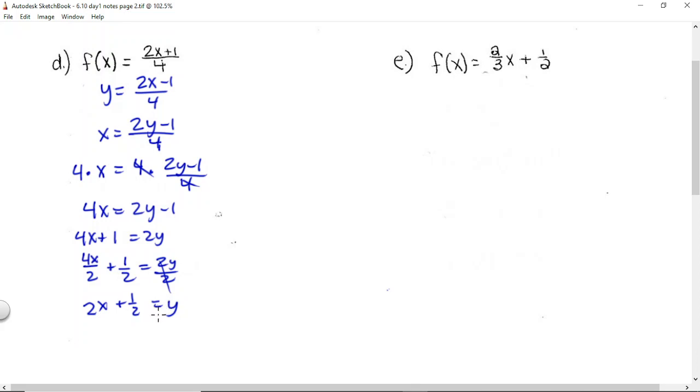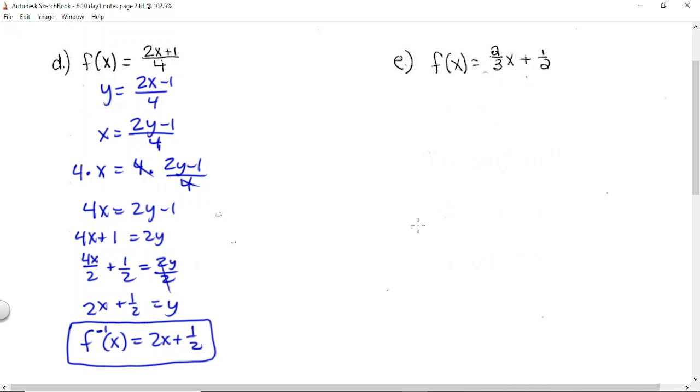Now that's it, because we've solved for y, but we'll switch it around and put that on the left, and instead of writing y, we'll write this inverse notation: f to the negative 1 of x equals 2x plus 1/2. So all we did was move that to the other side. So that's the inverse.